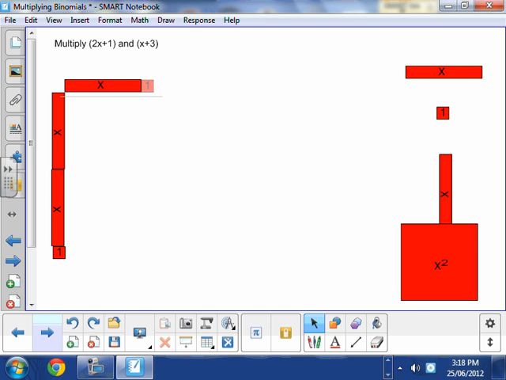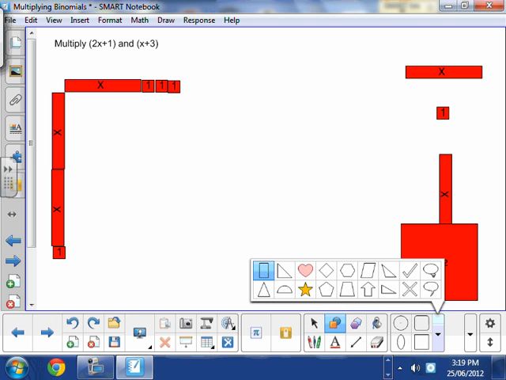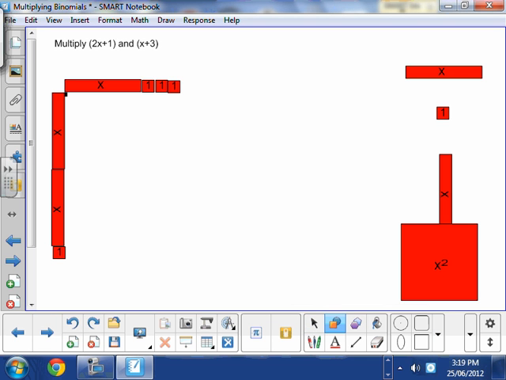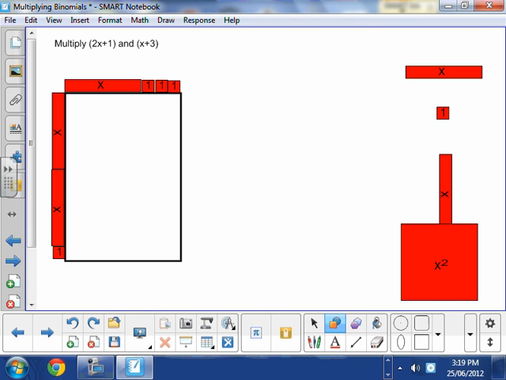And if I need to multiply these two binomials, we said multiplication means the area of a rectangle. So I'd like to see that rectangle. Where is the rectangle? Okay, let's figure out where the rectangle is. It's right here. So I'm going to create a rectangle whose area I want to figure out.